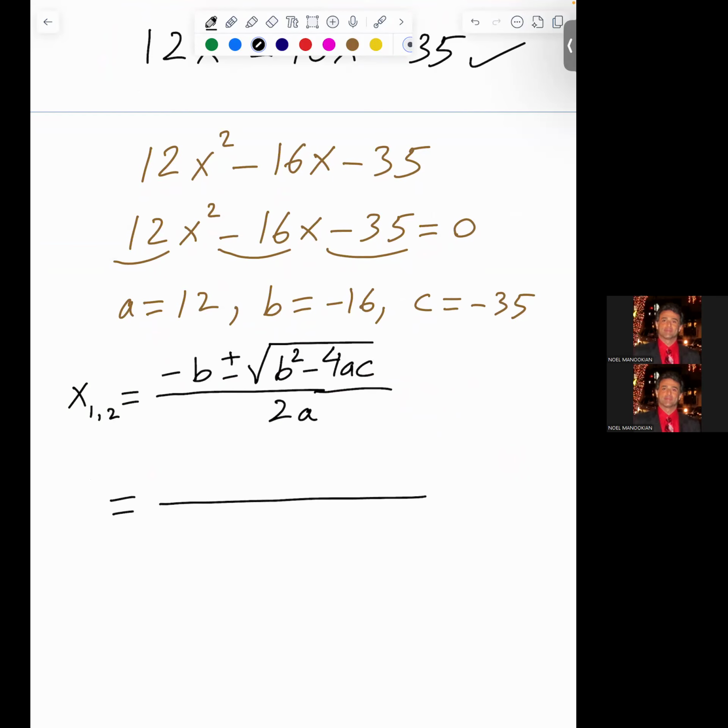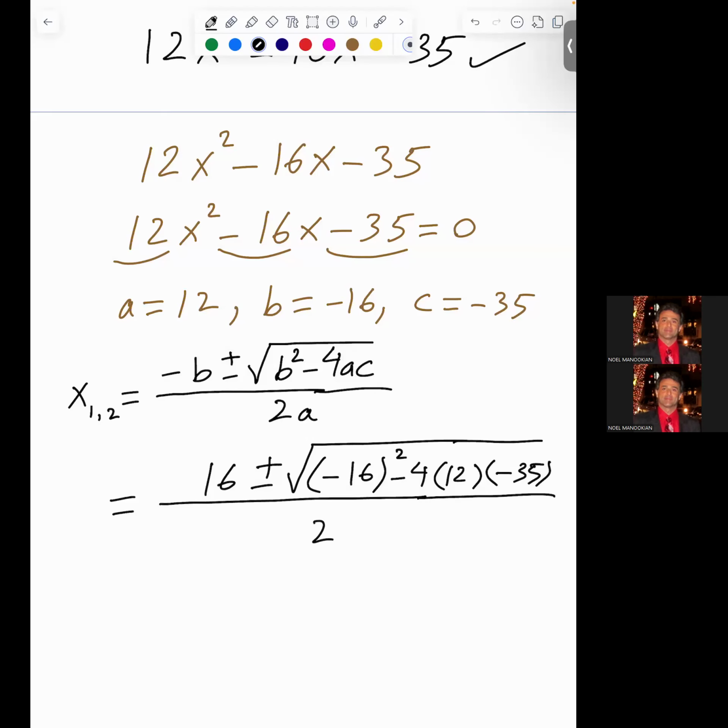So you have negative b, negative 16, positive 16, plus or minus the square root of b squared, which means negative 16 all squared. Be careful, negative 16 all squared is going to be a positive number, minus 4 times a, 12, times c, negative 35, all divided by 2 times a, 12.